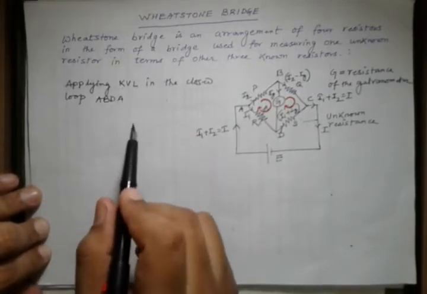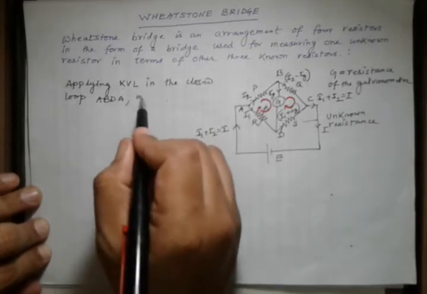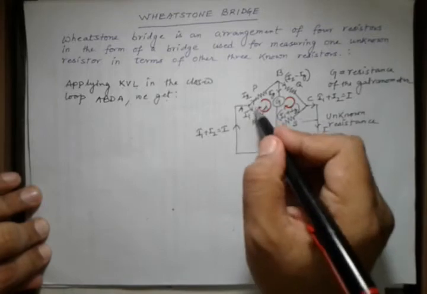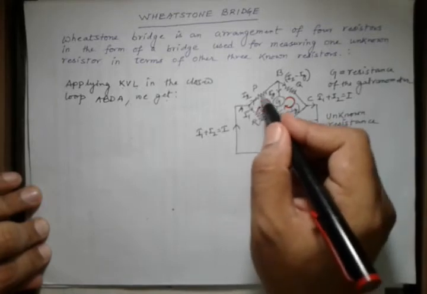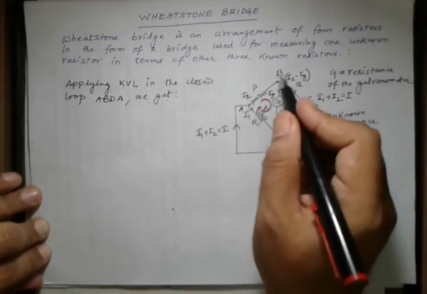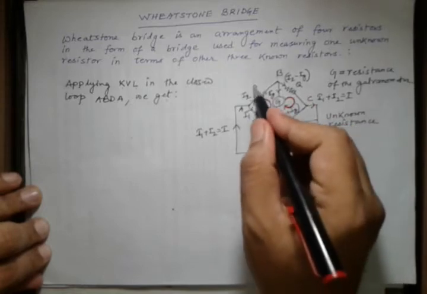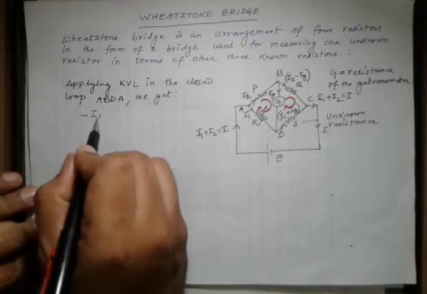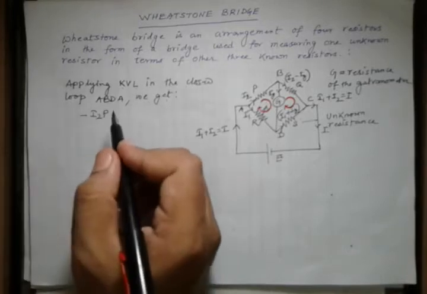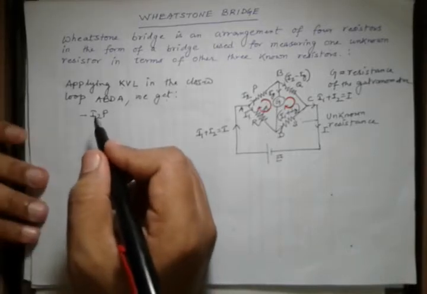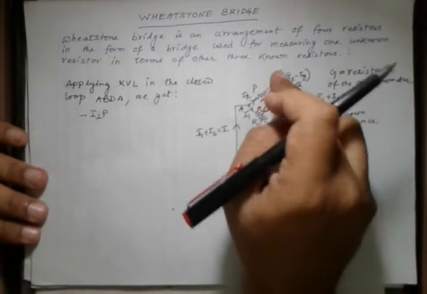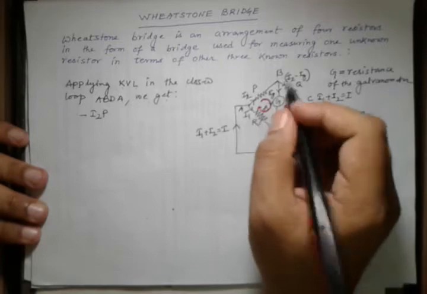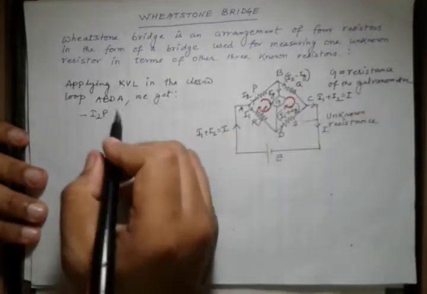Now, what have we learned? I2 is going in this direction, and my loop is also going in this direction, and P is the resistance here. So you can write I2 into P, and minus Ig into G, since the loop is rotating clockwise and the current is also going in this direction.